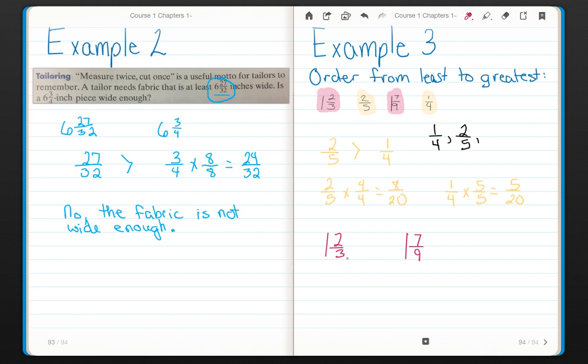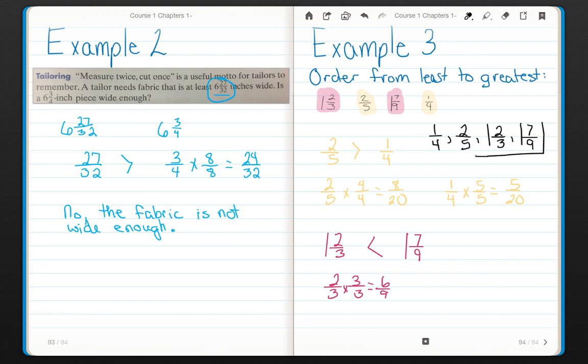Well, I know that for 2/3 and 7/9, 9 is the least common multiple, so I'm going to convert 2/3 into ninths. 6/9 is less than 7/9, so 1 2/3 is less than 1 7/9. So I can finish out my problem: 1 2/3 and 1 7/9.